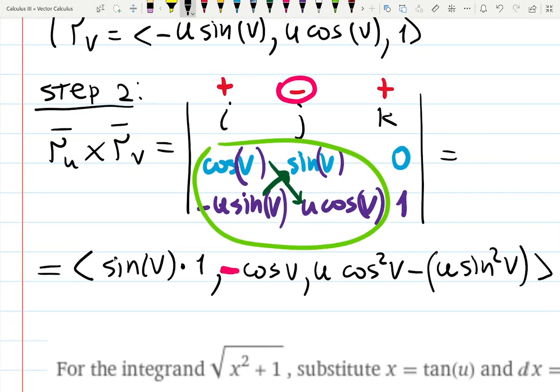No. Plus. Minus gives you plus. And that's good news. Why? Because we can simplify sine v minus cosine v, and then u. What happened with cosine square and sine square? It becomes 1, exactly. Okay, so we found the cross product.